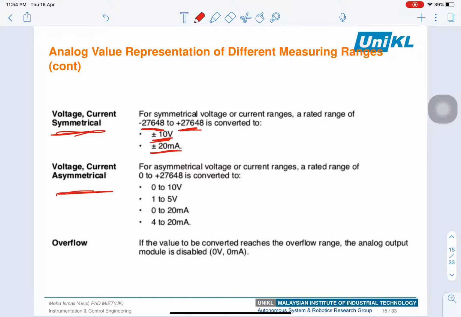Meanwhile, for asymmetrical, the decimal unit will be in the range 0 to 27,648. This range will be converted into either 0 to 10 volt, or 1 to 5 volt, or 0 to 20 milliamp, or lastly 4 to 20 milliamp, which is most of our interest, as most industrial applications use a 4 to 20 milliamp signal.